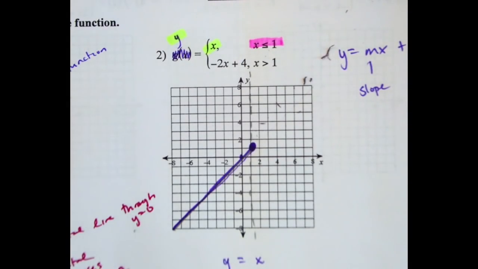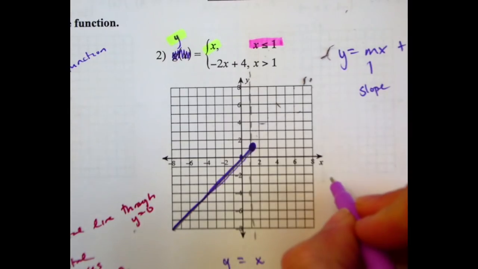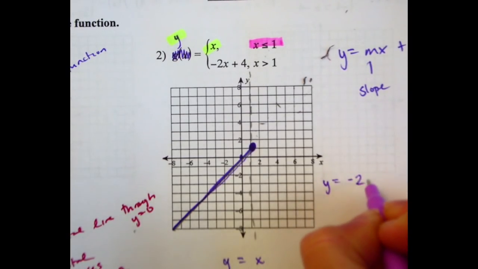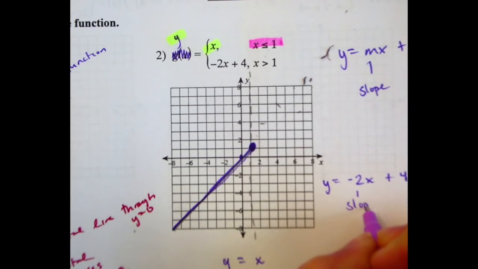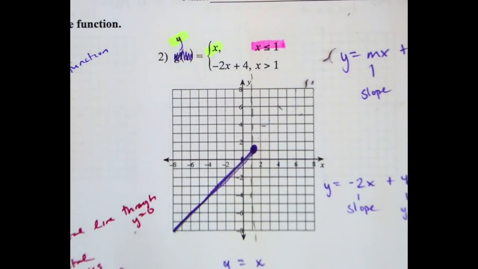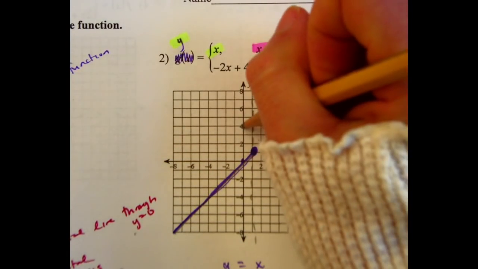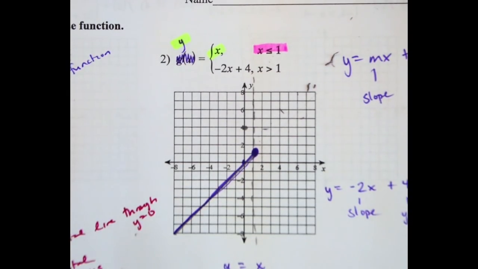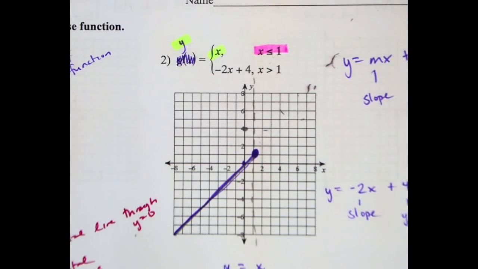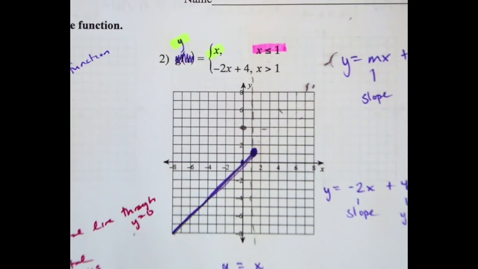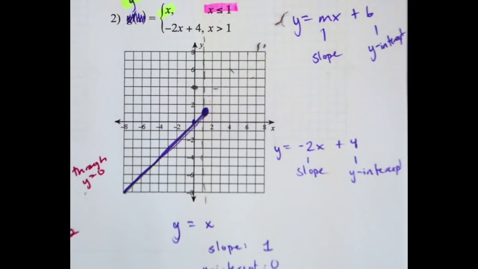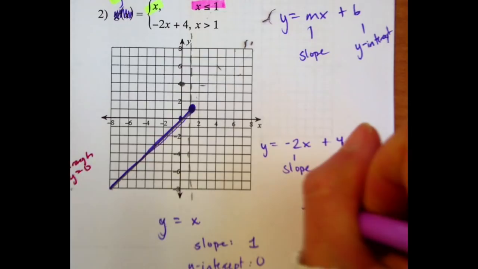And then my next function is y equals -2x plus 4. I know I'm going to have a slope of -2 and a y-intercept of +4. So let me go to my graph. My y-intercept is going to be at +4. My slope is -2, which means, thinking of rise over run, -2 over 1.